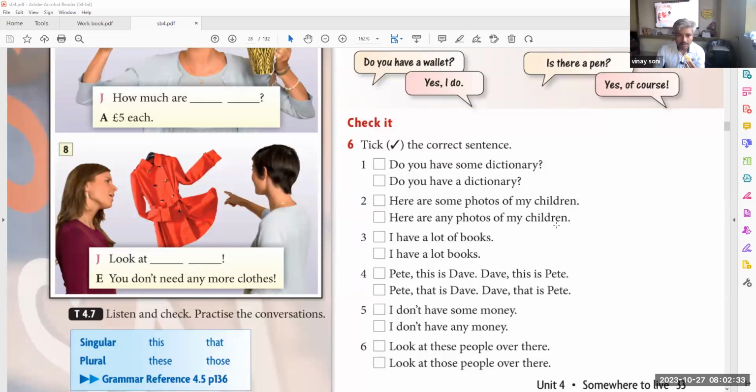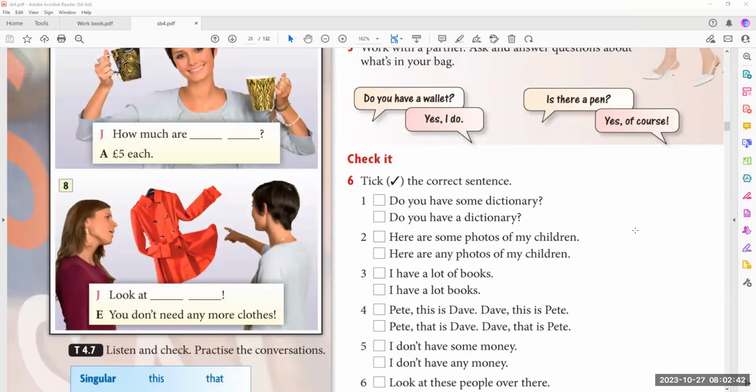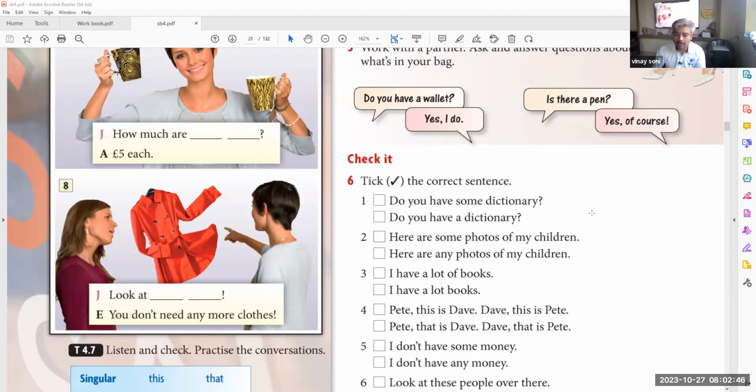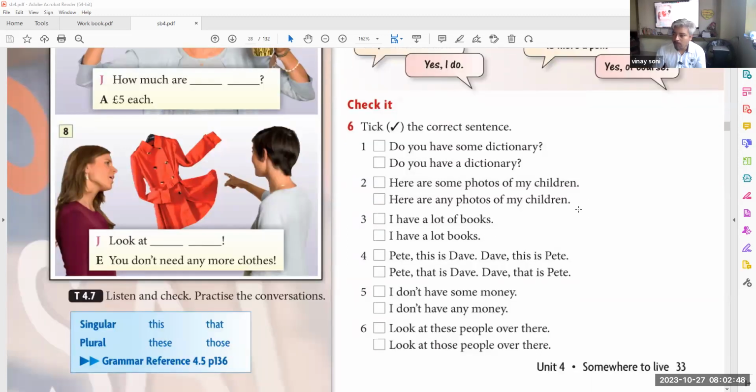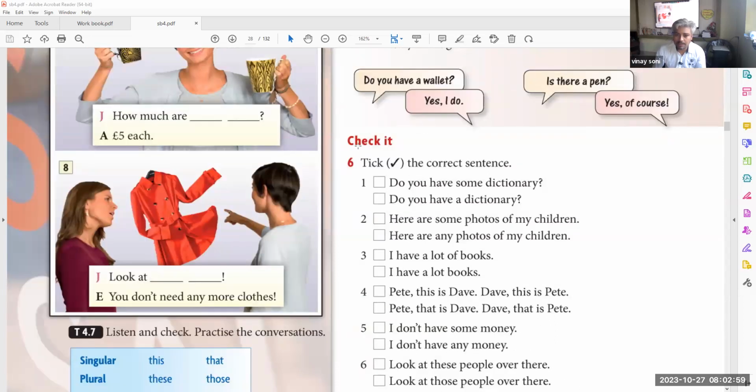Good. Anybody else? Okay. Never mind. I'll check it tomorrow, okay? Everybody, you have another 24 hours. Tomorrow is Saturday. So please do it, okay? Now do exercise 6 in the main book.